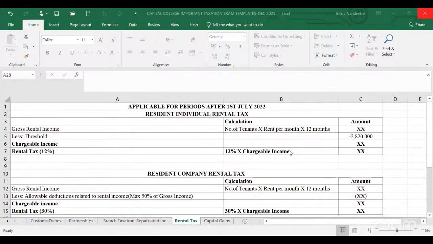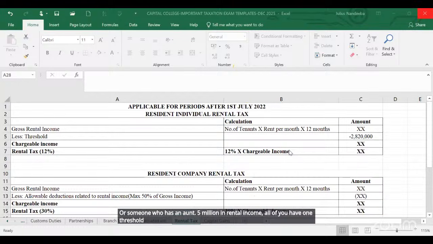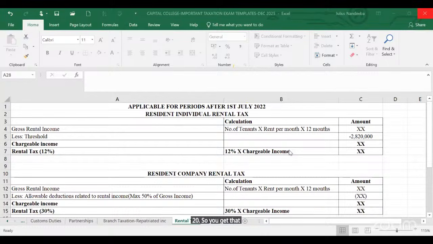So whether you are an individual who has earned $1 billion in rental income, or someone who has earned 5 million in rental income, all of you have one threshold of 2,820,000. So you get that 2,820,000, knock it off from the gross income. Whatever remains is what we are going to tax, and we tax it at 12%.